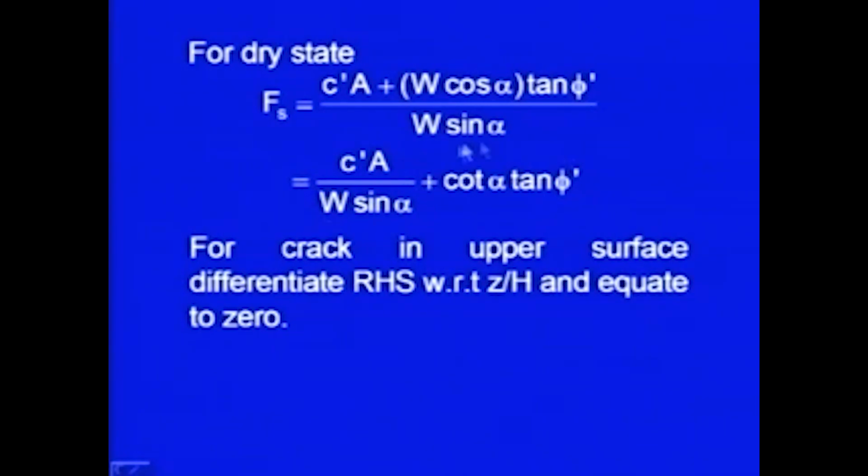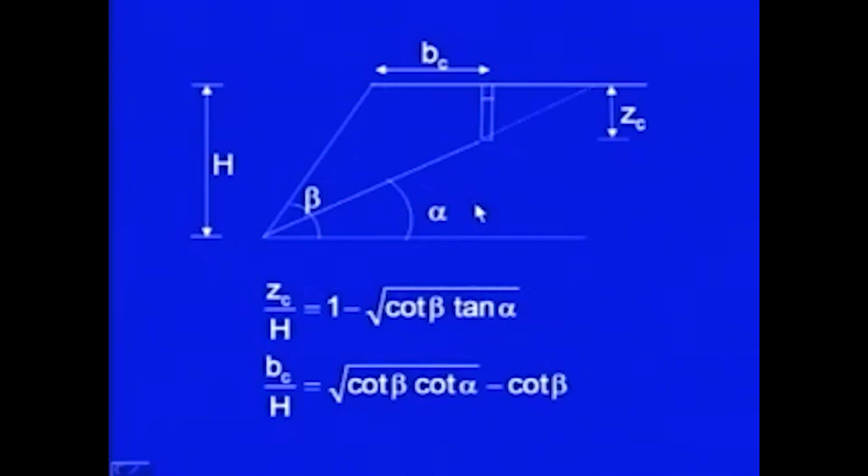So, finally, this is the expression which is available at the end, and now you can differentiate this expression, and by differentiating and putting it equal to 0 and simplifying it, finally, we will be getting these two expressions for the critical depth of the tension crack and also the location. So, Z c upon h is equal to 1 minus under the root cot beta tan alpha.